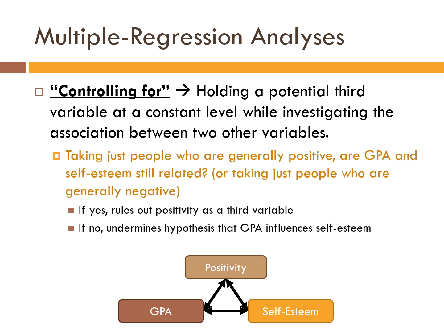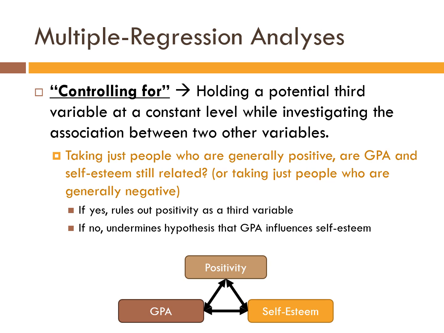So the question in your head might be, if I'm just talking to people who are generally positive, is there still a relationship between GPA and self-esteem? Or what if I have people who are generally negative? Or what if I have people who are generally in the middle of the positivity-negativity spectrum? The idea being that if you're holding it steady, it doesn't really matter where people are on that positivity-negativity spectrum.